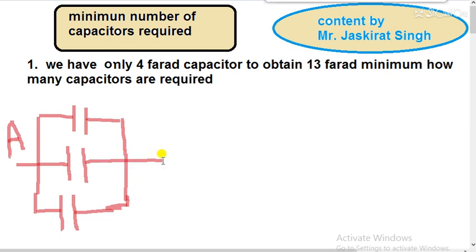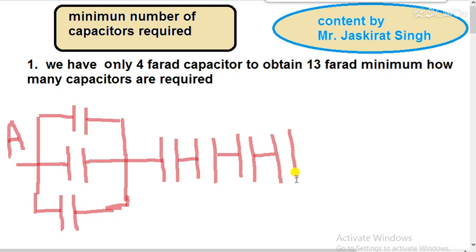Now can I introduce here 4 capacitors in series, because only 4 capacitors in series will give me the value of 1 farad, no other option is possible. Students, here I have connected 4 capacitors.